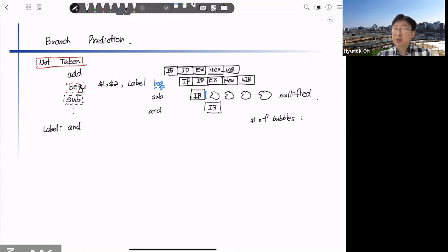If we are assuming that it's not taken, right? But actually when we are running the program, we are running the program 100 times, okay? 100 times, but not taken is happening 20 times, and taken is happening 80 times. Then what is the bubble? How many bubbles?